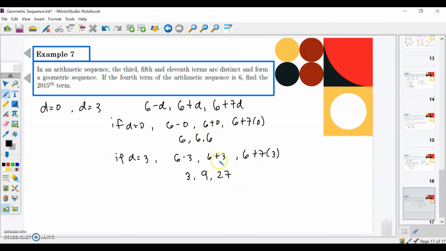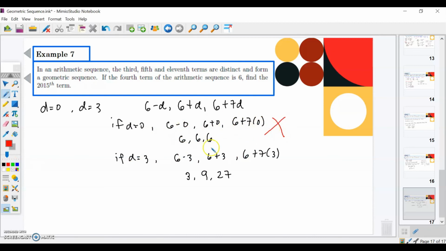But if you're going to take a look at the problem, it says here in the problem that the terms are distinct. What do you mean by distinct? The terms should not be the same. So we cannot have this sequence here.